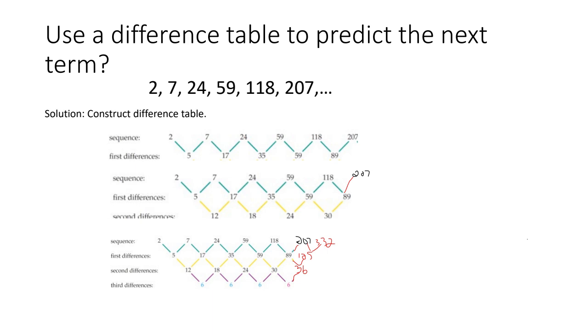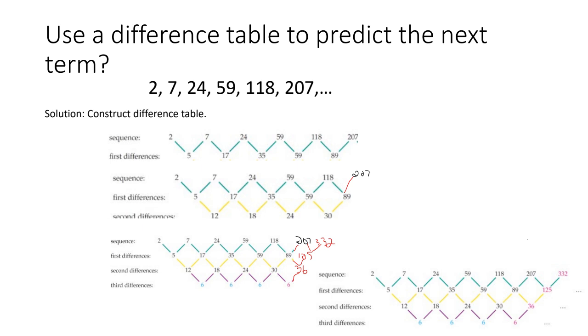So finding the differences is a common procedure whenever you have sequences. In this example, we have to do the first differences, the second difference, and even the third difference to get an answer.